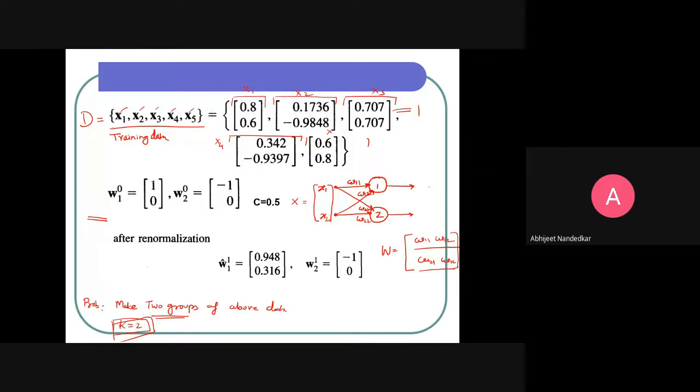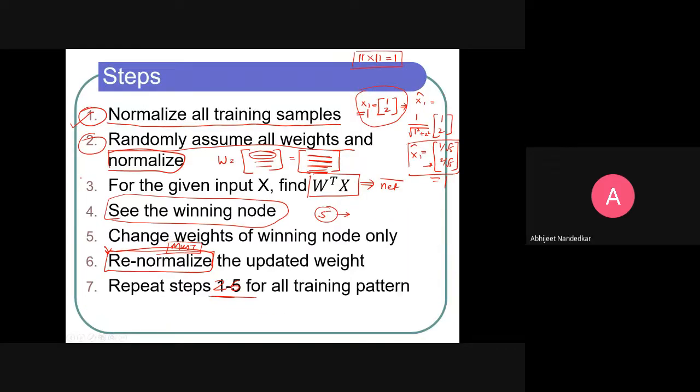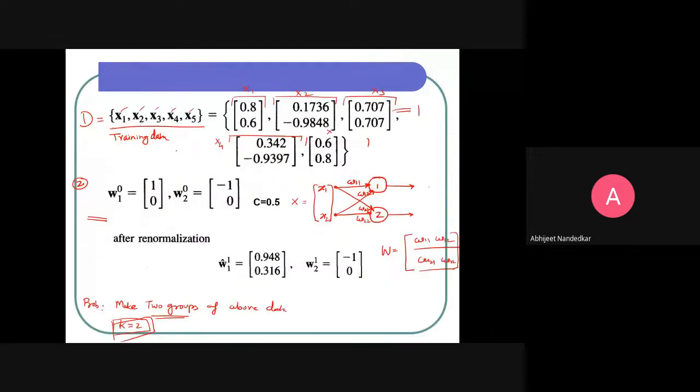This is assumed to be 1 0 and this is minus 1 0. Okay, so the second step was to randomly assume weights, that is done, and then normalize it. So you can check here whether this is normalized or not.